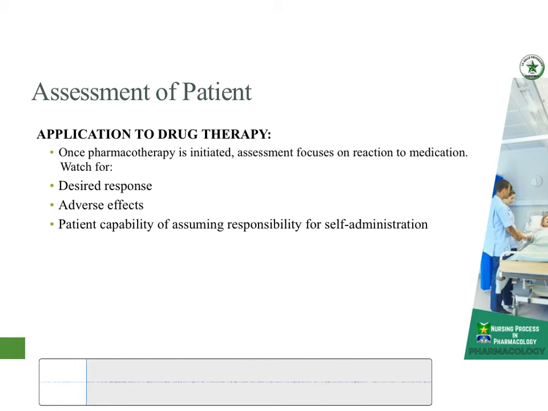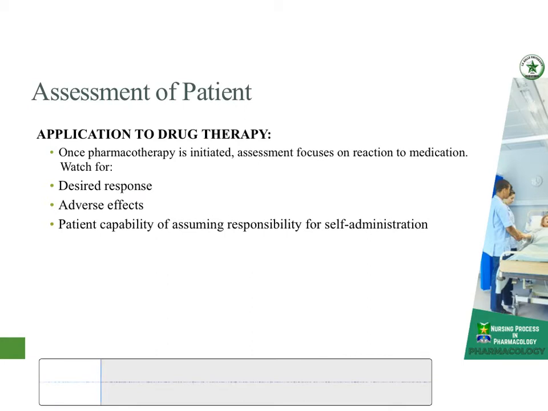So, mao na siya. After identifying the data needed to evaluate the therapeutic effects, we must also have baseline data to evaluate the adverse effects. All medications have the ability to produce undesired effects. Di gid na siya mawa sa tanang tambal.